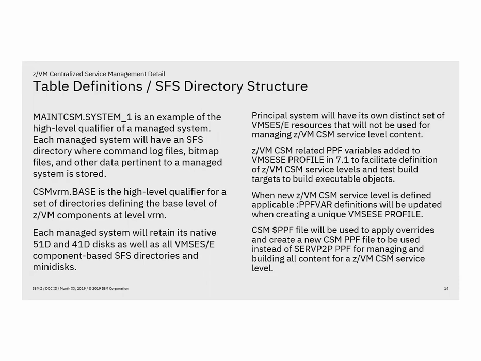So if I added a system called system_1 as a managed system, there would be a high-level qualifier system1 under MAINT CSM, and then a bunch of other directories that house information and log files from that particular managed system.